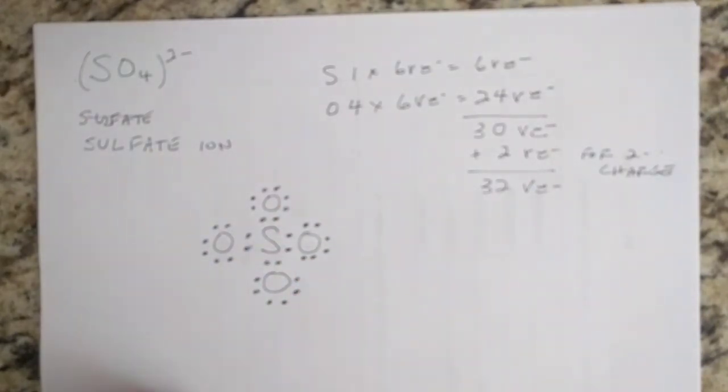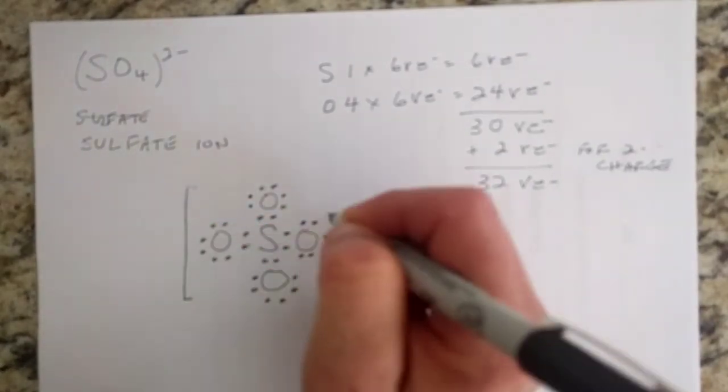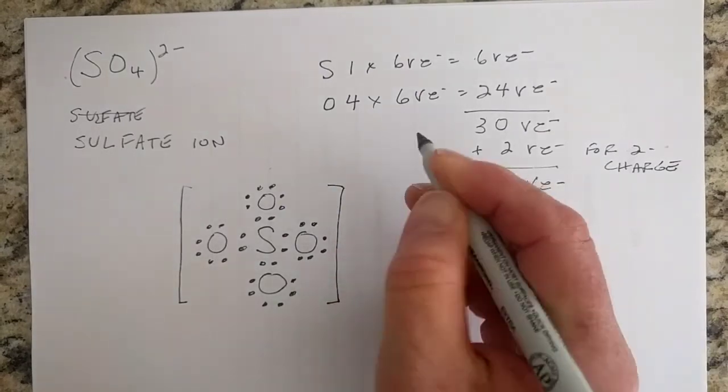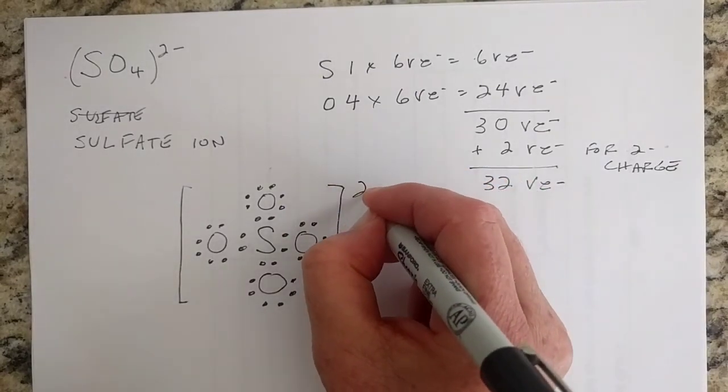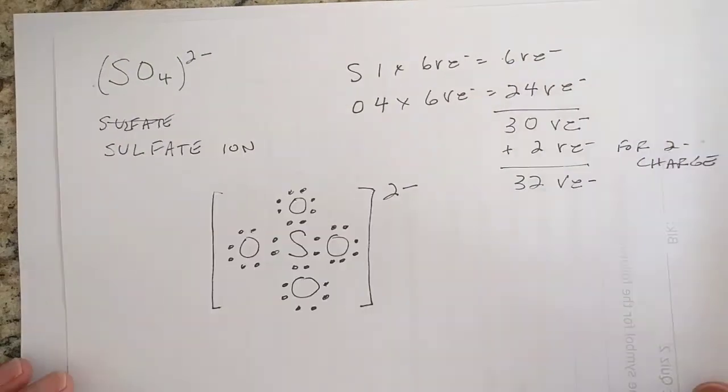I'm out of electrons. Now I have to check all my atoms. For the octet, oxygen has it, oxygen has it, oxygen has it, oxygen has it, sulfur has it. I'm good, all single bonds. The only thing left to do, put in my brackets and put a charge of 2 minus outside of the brackets. All right, let's do one more.